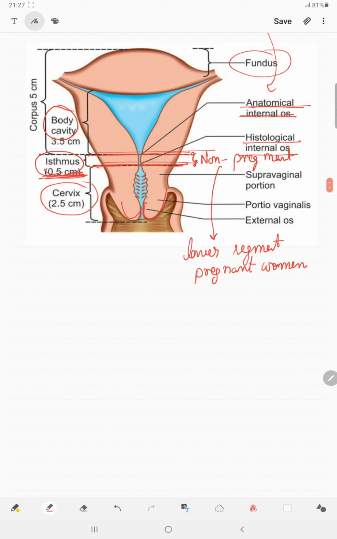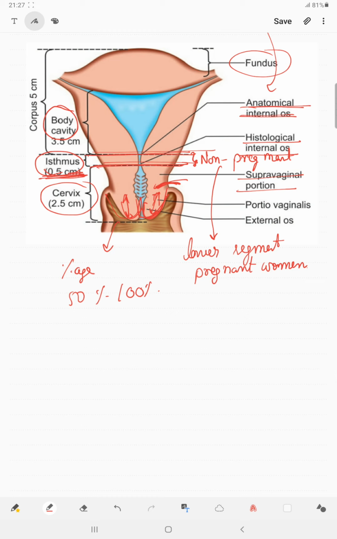So this is the supravaginal part of the cervix, and this is the vaginal part of the cervix. For checking the effacement, you have to see how much is the length of the vaginal part of the cervix, and then express it in terms of percentage, like 50% or 100%. So that is how you would check for these signs clinically.